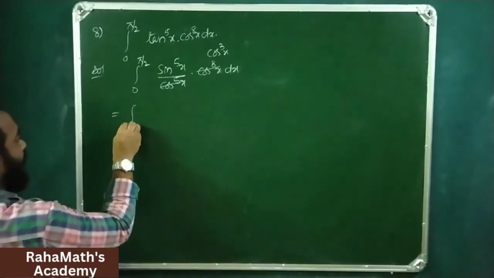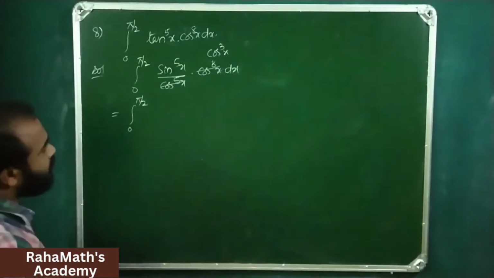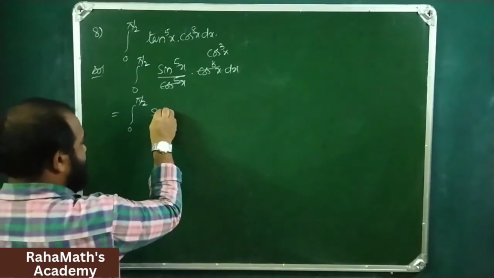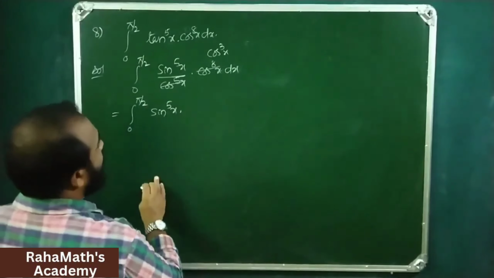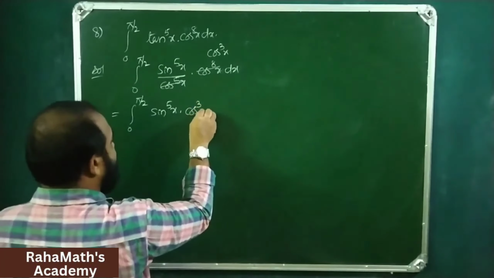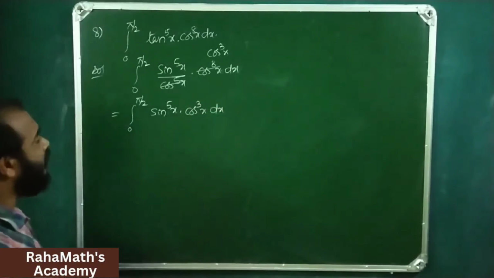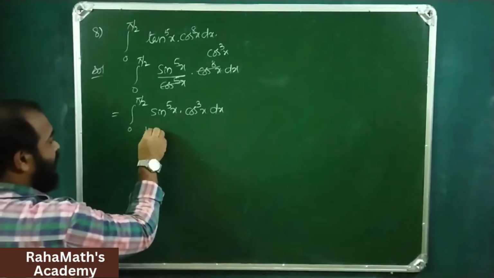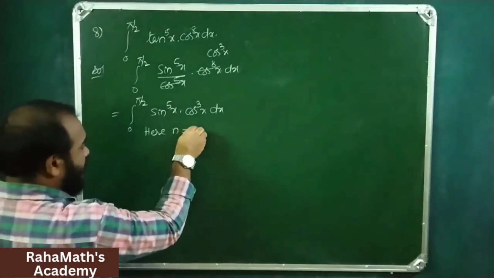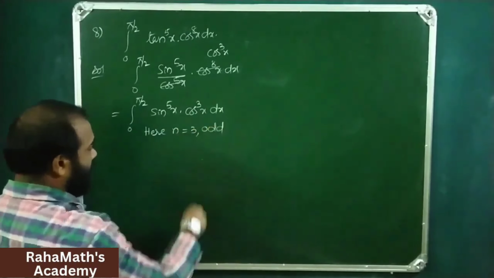This is equal to integral 0 to pi by 2 sin power 5x into cos cube x dx. Here n is equal to 3, which is odd.